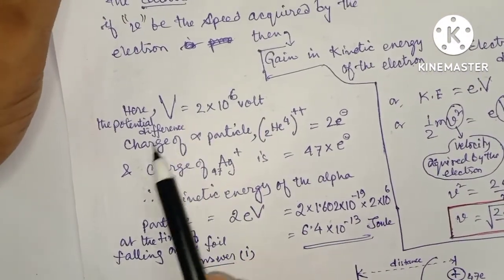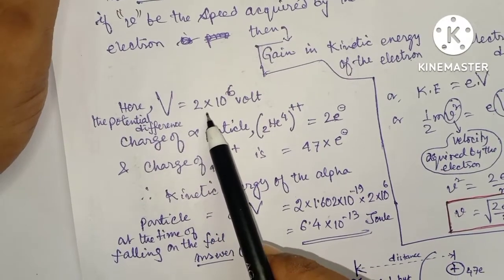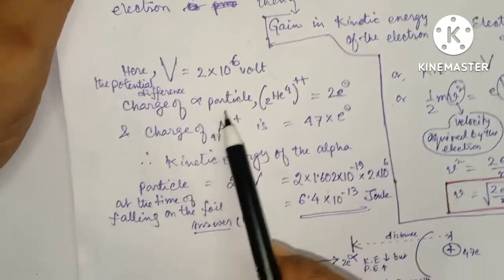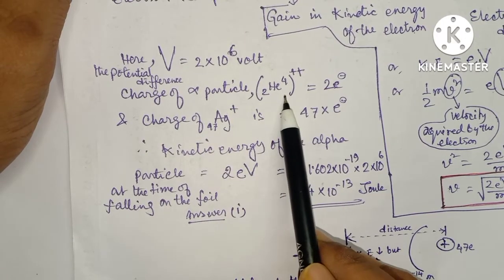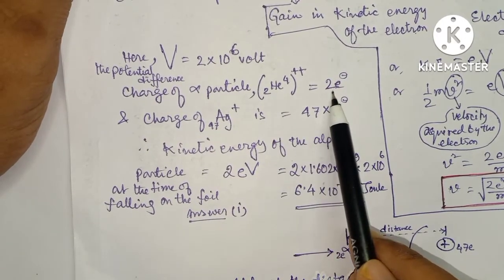Here by the problem, the potential difference is given as 2 into 10 to the power 6 volt, and the charge of the alpha particle, that is the double positive charge helium nucleus, is 2e.